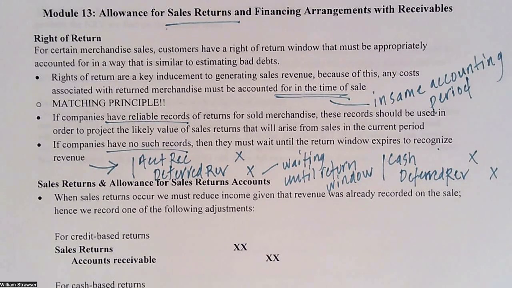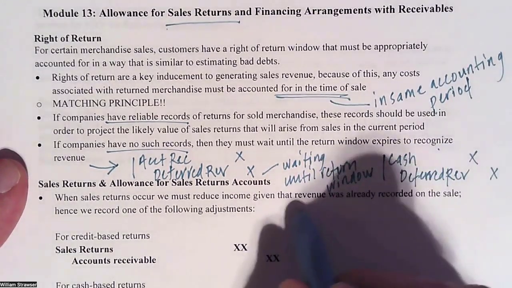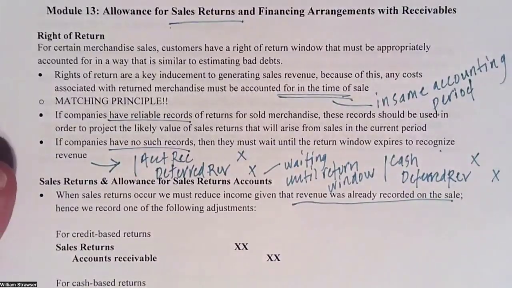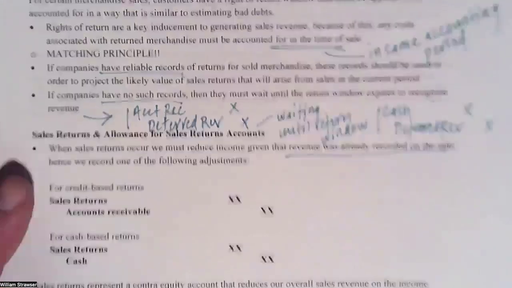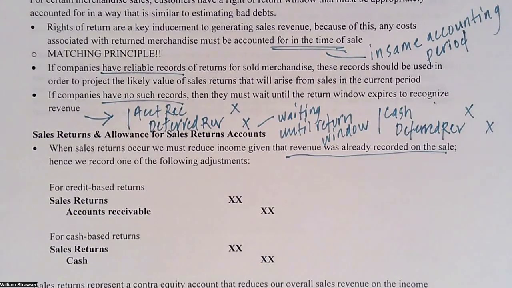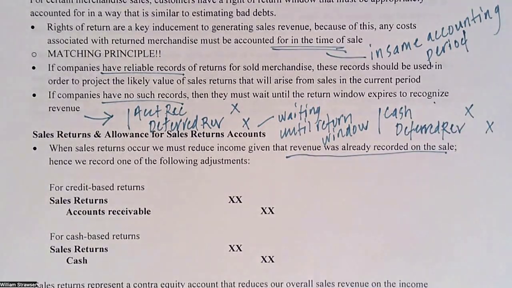So if there are sales returns, well, in our initial recording of the sale, we recognize revenue, right? We recognize revenue as a debit to accounts receivable, a credit to sales revenue, or a debit to cash and a credit to sales revenue, but we recorded some revenue. But if a sales return occurs, we are going to do one of the following based on whether we have cash-based returns or credit-based returns.